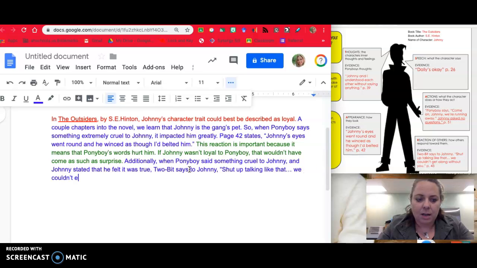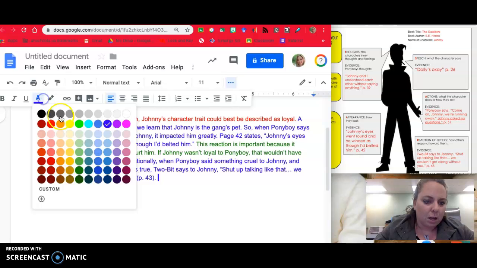We couldn't get along without you. End of quote. Page 43. Notice that I'm trying to get the page numbers in here as well, so that anybody could go back and check my work, right?